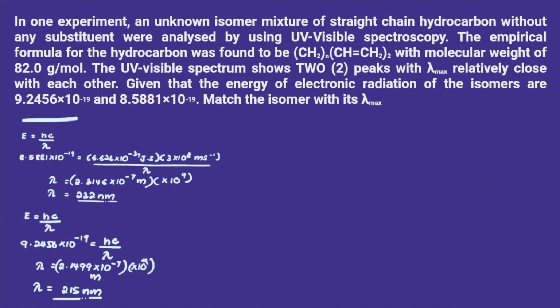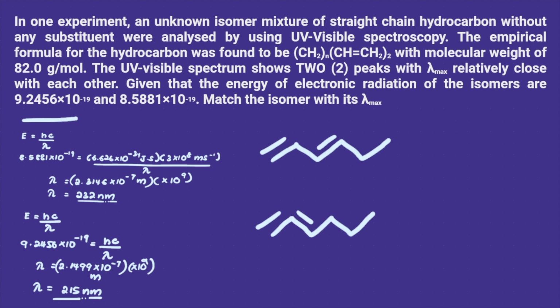Okay, so let's revise the isomers that we have predicted just now. We have two different isomers: 1, 2, 3, 4, 5, 6, and the other one is 6 as well, whereby they both have double bonds. One is here and the other one is here, and in the second isomer we put the double bonds right next to each other. So basically, how are you going to assign which of these isomers has which lambda max?